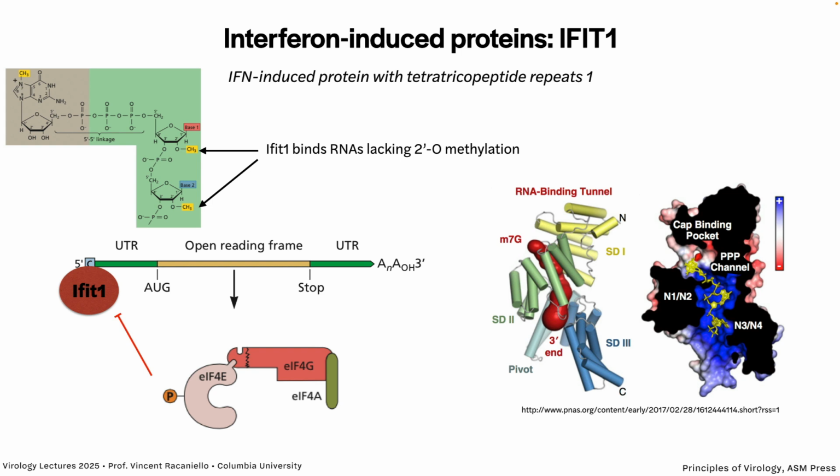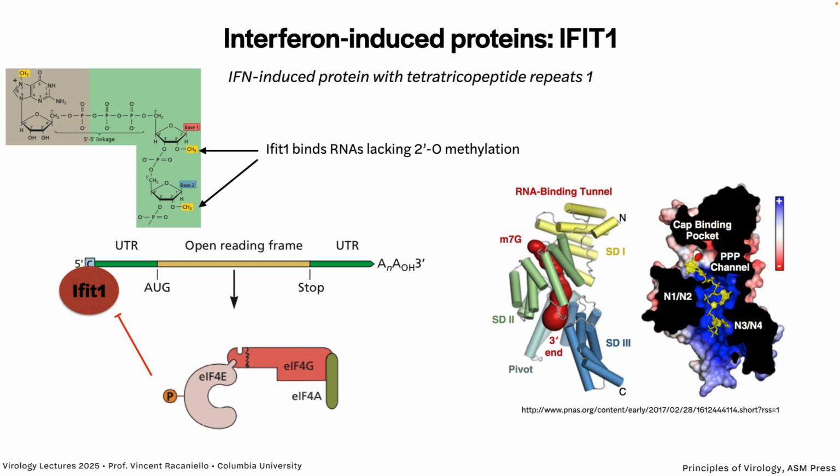That's part of the cap function. If they're not present, IFIT binds to it and prevents interaction of the cap binding protein with the 5' end with the cap, and prevents translation. The idea being that if there are no methyls, then it must be foreign, because our transcriptional machinery puts methyls there.